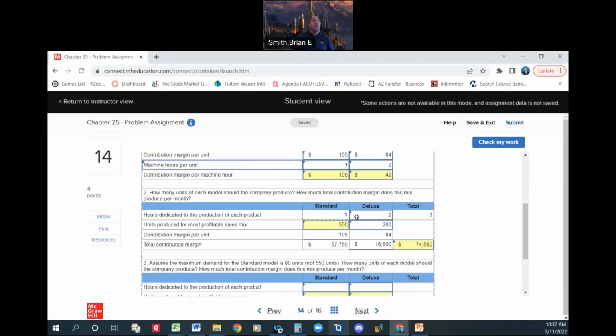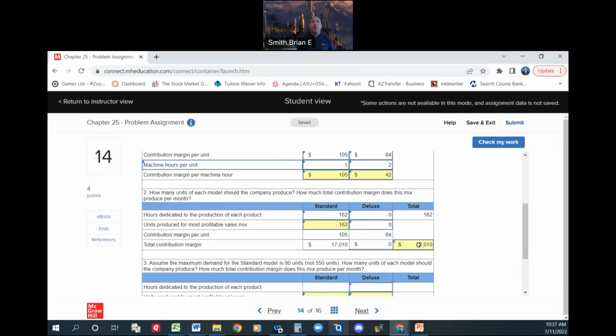So hours dedicated, and so it probably means 162, because we want to try and make the one that has the most capacity. And since it's a 1 hour deal, we can take all the hours and only make the standard. So let's make 162 of those, 0 of those. So this should just be 17,010.